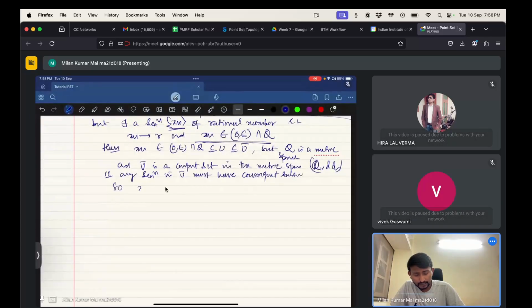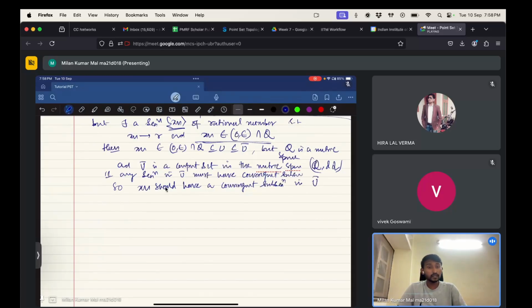So xn should have a convergent subsequence in U closure. Note that U closure is in the rationals. When we say a sequence converges in a set, the limit must also be in that set. That means R should be in U closure, because U closure is compact and xn has a convergent subsequence.